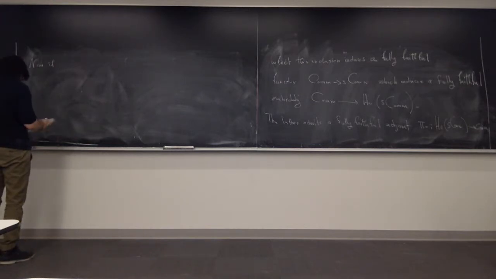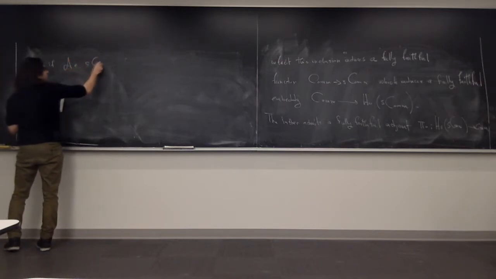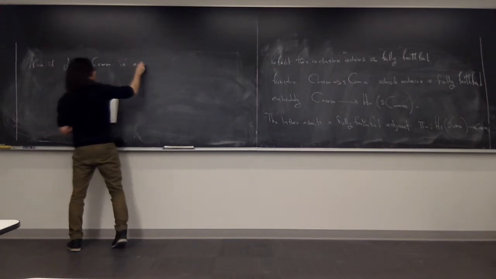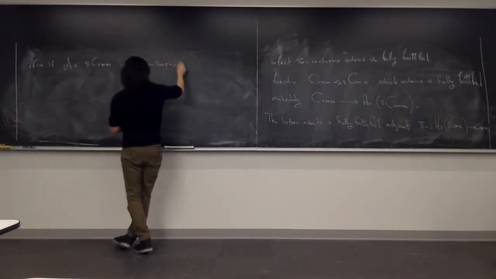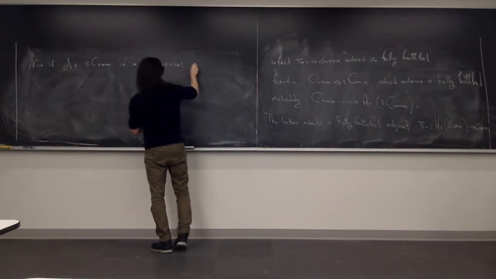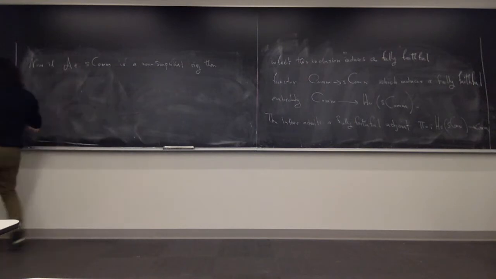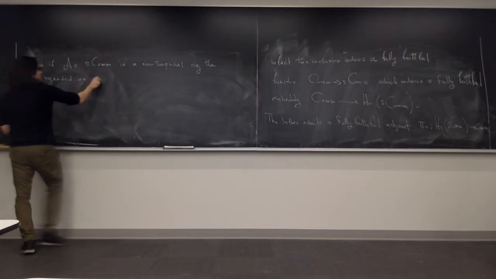So now if A is an element of this simplicial commutative ring, and is a non-simplicial ring, then we regard it as a constant simplicial object.